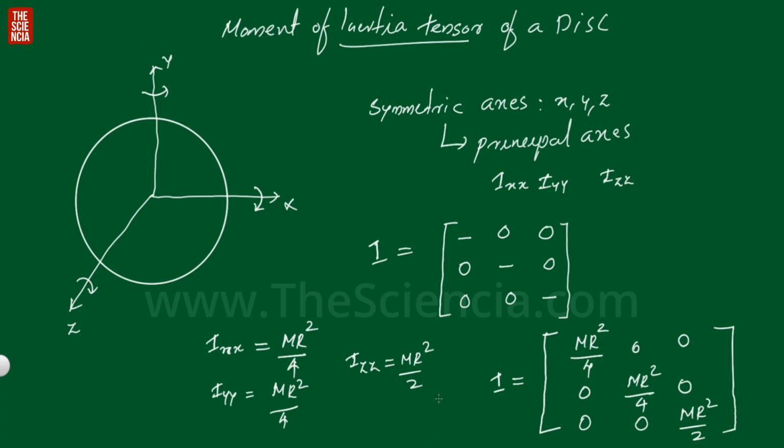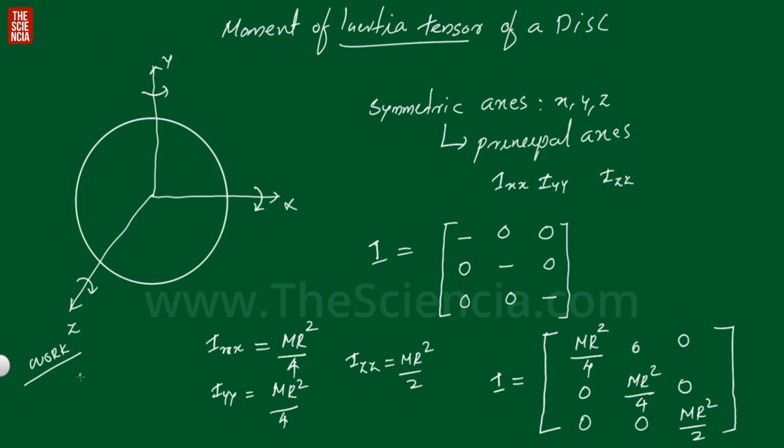So this is the moment of inertia tensor of a disk. Here you can see this problem is simple when you know these standard values, the moment of inertia of a disk, the moment of inertia of a ring, etc. And if you don't know these values, then it is a very complicated problem, right? So you have to remember all the values. So you do one thing, I give you a small task.